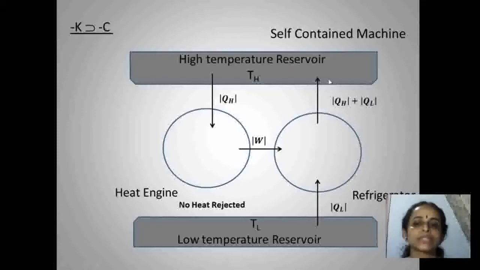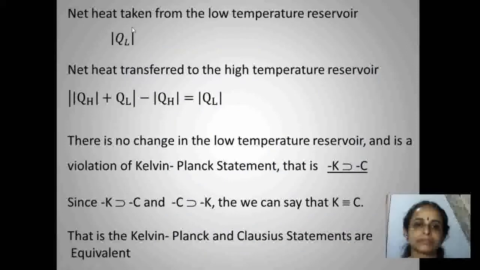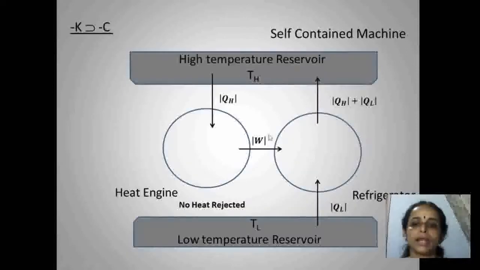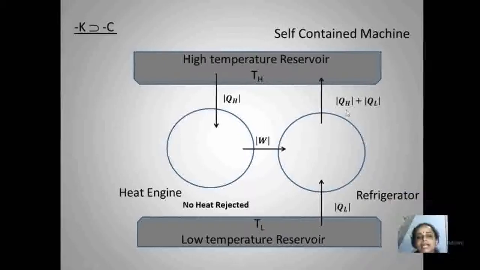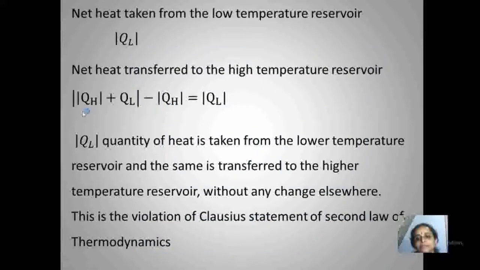So the net heat transferred to the high temperature reservoir is QH plus QL minus QH, that is QL.